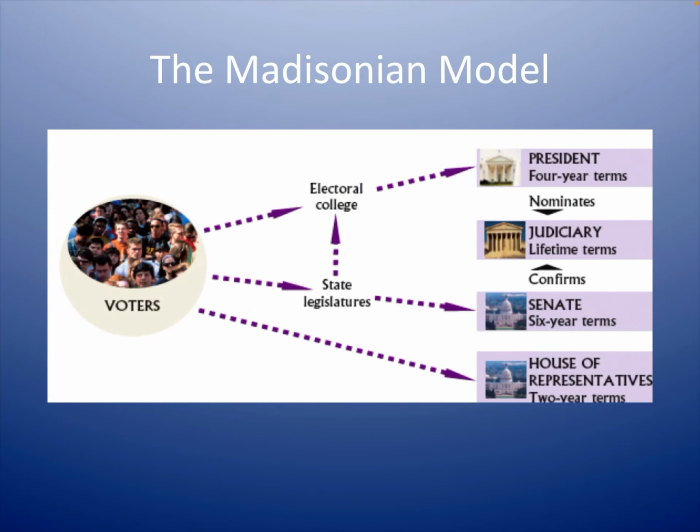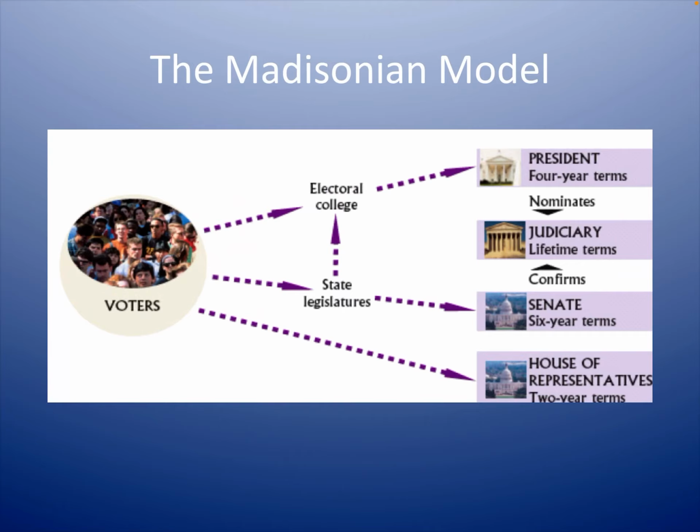So some of the aspects of the Madisonian model, you have the Electoral College, which selects the president, and the Electoral College is selected by state legislatures. So the president has 4-year terms. The president nominates members of the judiciary branch, the judicial branch that has lifetime terms. Those judicial branch members are confirmed by the Senate.